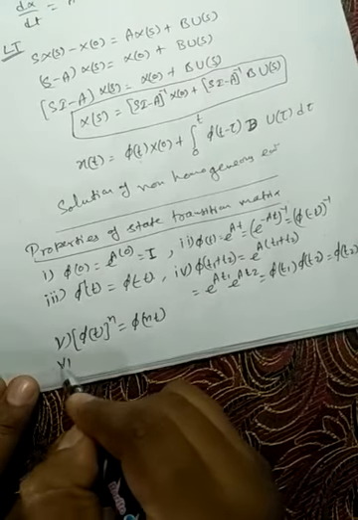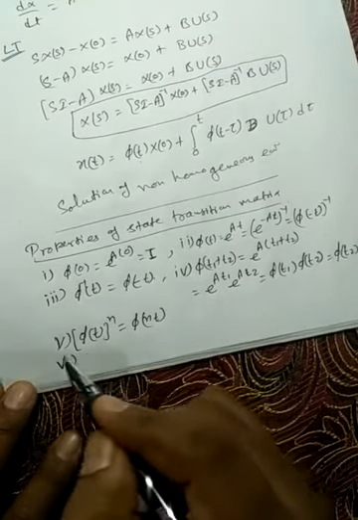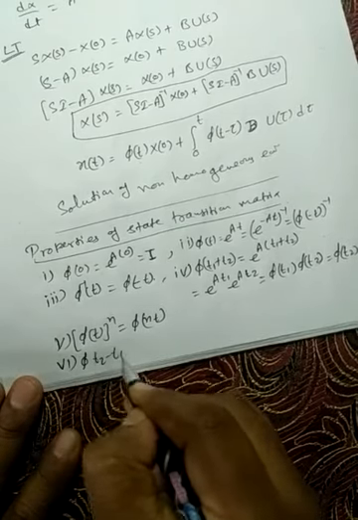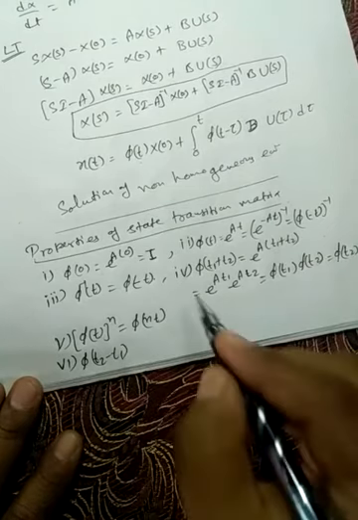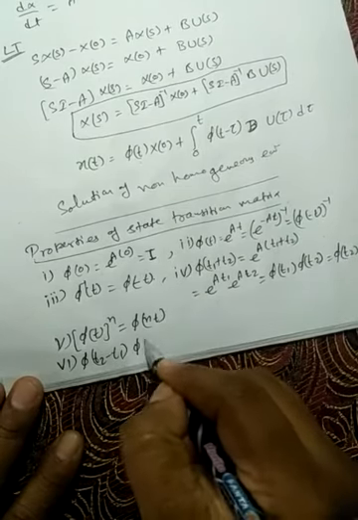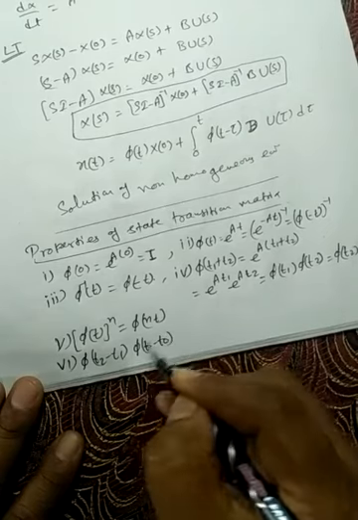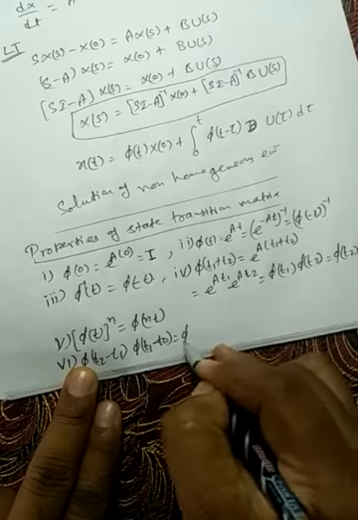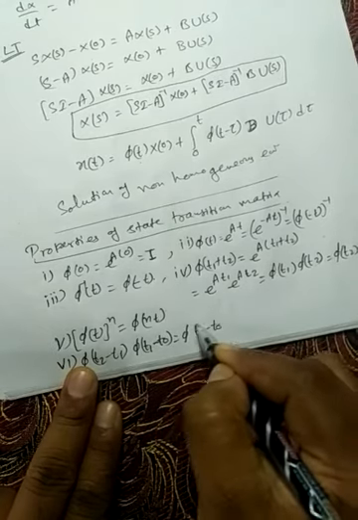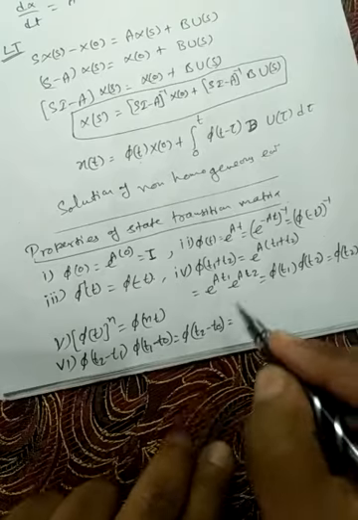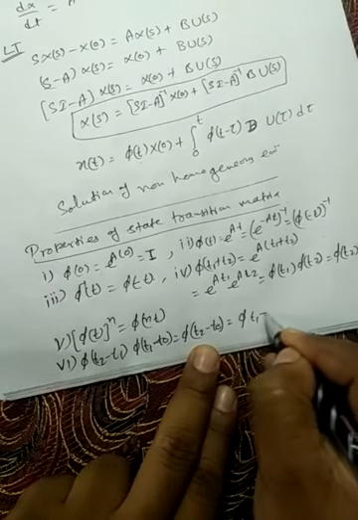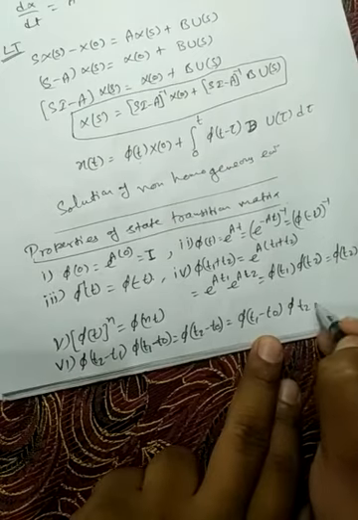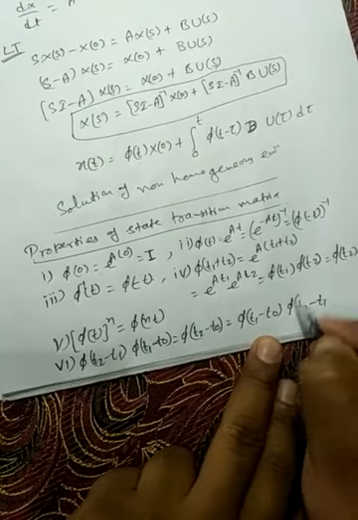And last, the sixth one, phi(t2 minus t1) multiplied by phi(t1 minus t naught) is equal to phi(t2 minus t naught), which is equal to phi(t1 minus t naught) multiplied by phi(t2 minus t1).